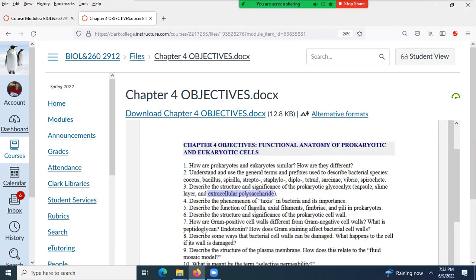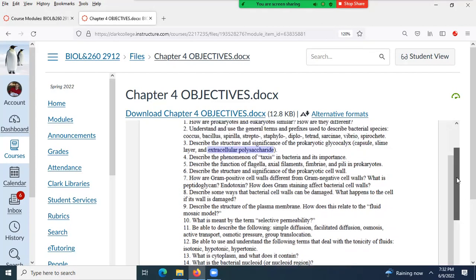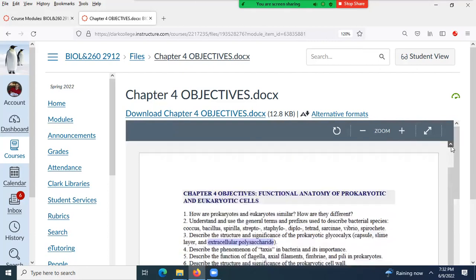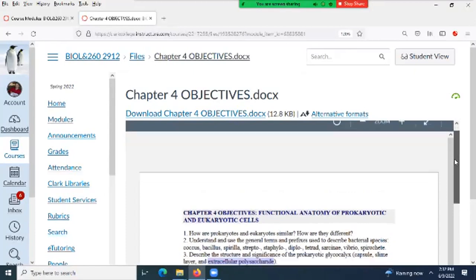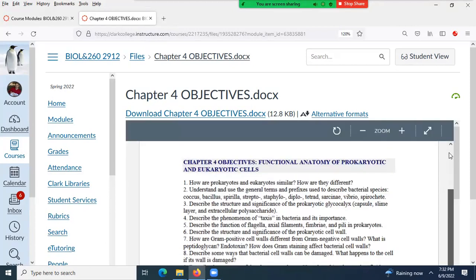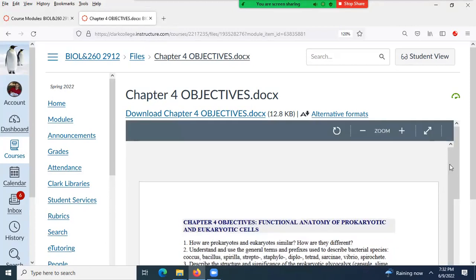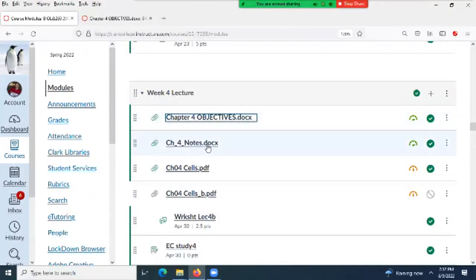Is it capsid or envelope? No. Let me go look down here. I'll find it. It's not a slime layer. It's not a capsule. It's a, why am I not getting this third one? Oh, because this is only the objective. That's why I'm not getting it. Let me look in the notes.